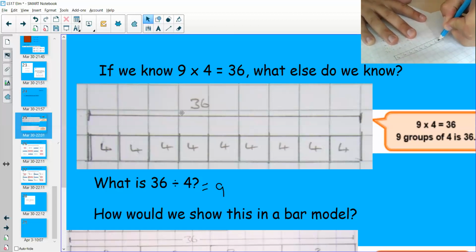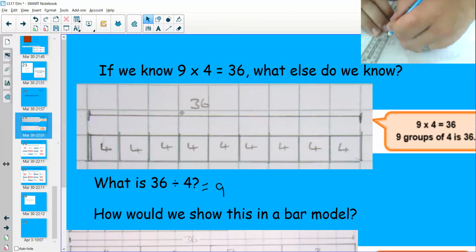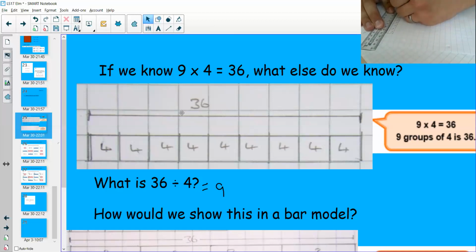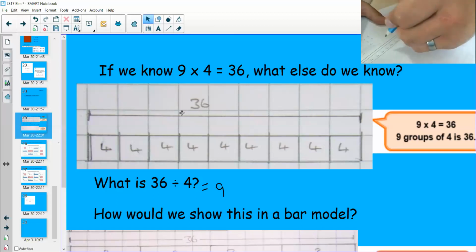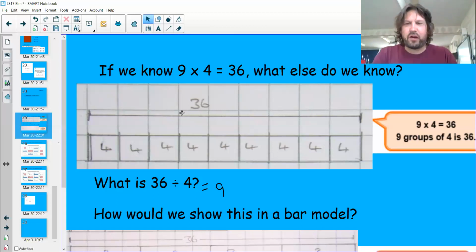And that is 9 lots of 4. And I've done my fact family and I've told you, 9 lots of 4 is 36. I've got that there as well.